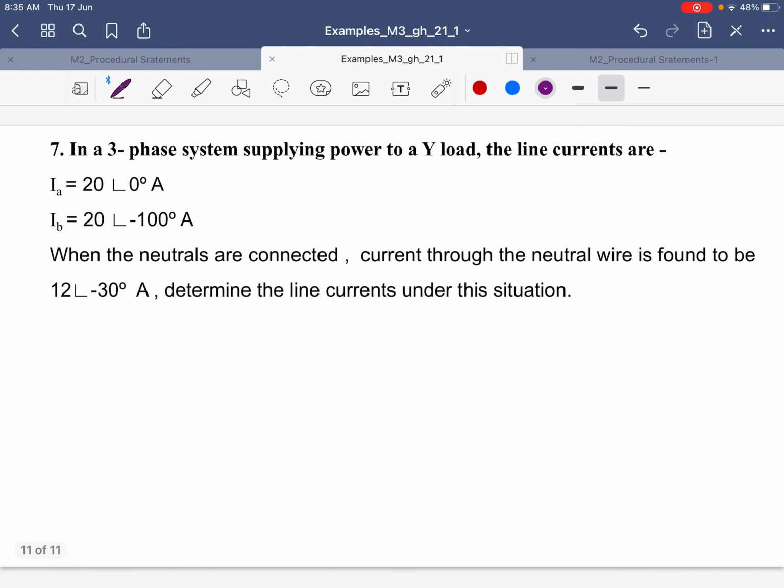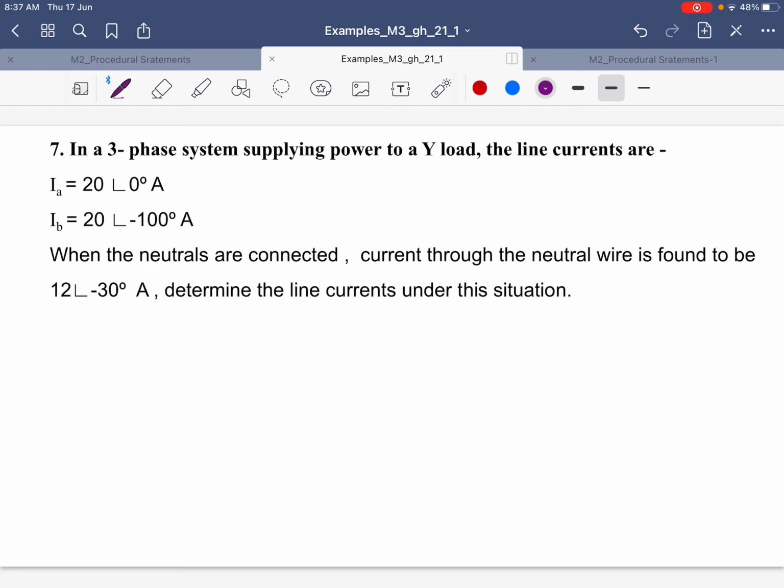And the last example in this session is, once again, the values of IA and IB are given, but the value of IC is not given; instead, the neutral current is given. That is, we know the total current which is flowing, the current through the neutral wire, found to be 12 an angle of -30.